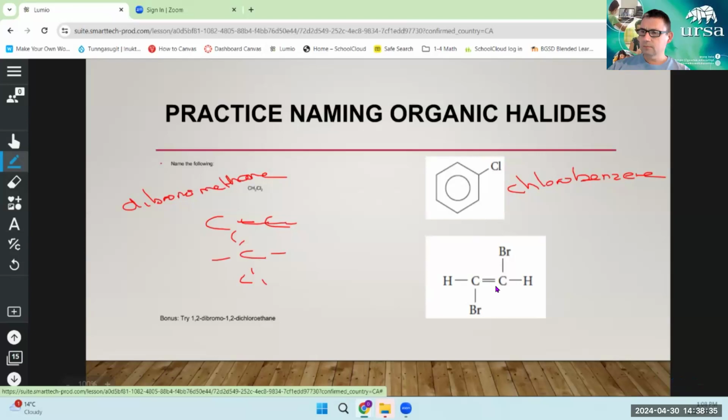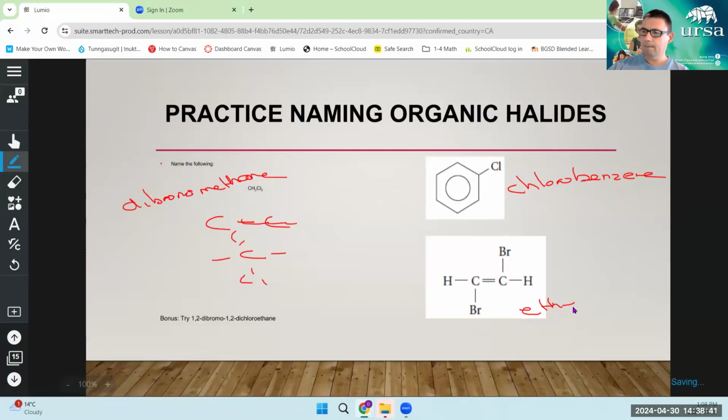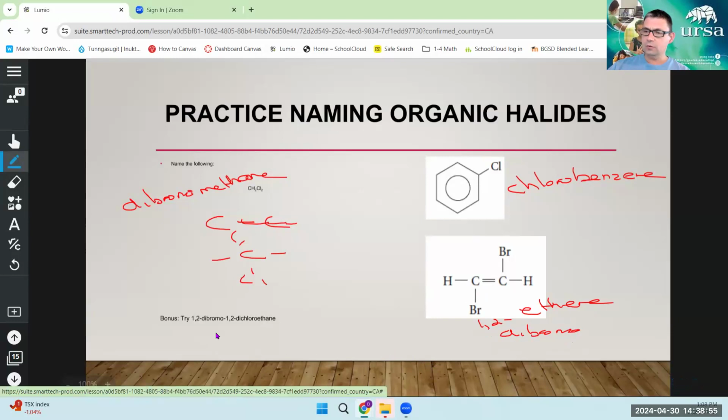2 carbons. Ethene. Two bromines attached to carbon 1 and 2: 1,2-dibromoethene. Now 1,2-dibromo-1,2-dichloroethane.